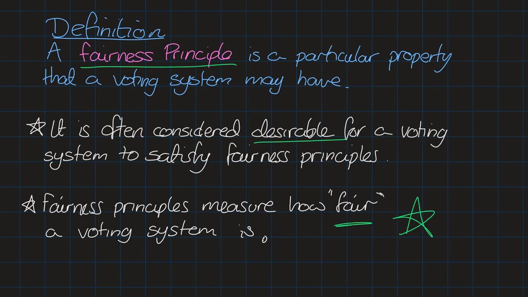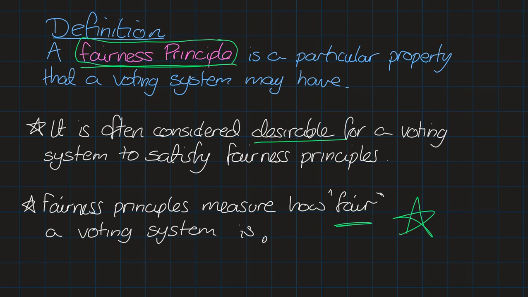Because that's just not a mathematically concise concept. So instead, you make fairness principles which are mathematically concise, and then you ask, does the voting system have this fairness principle? Okay? And there are many different fairness principles, because people are always trying to capture some new property or aspect which they think the voting system should have.